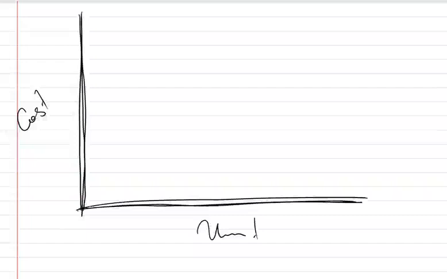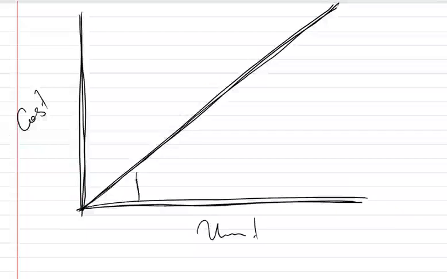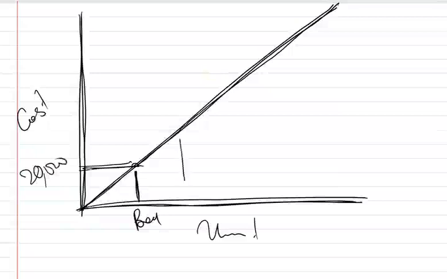That's why at 0 activity, the cost will also be 0, because it is a cost that changes proportionately or constantly. So when you have one bed, maybe you use 20,000. If it's 2 beds, it will be 40,000. 3 beds, 60,000. It's proportionate.